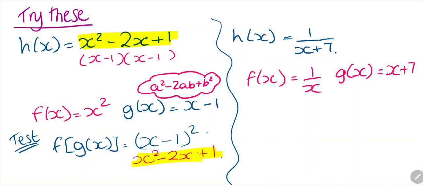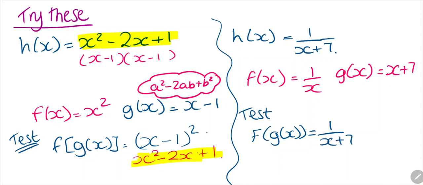So let's test. So our f of g of x, we're going to take our 1 divided by x, and instead of x, we're going to write x plus 7. This is our function h, so that works.